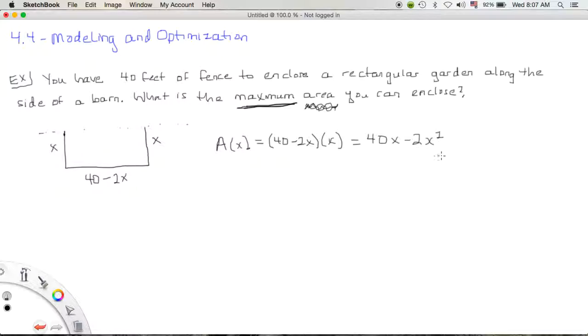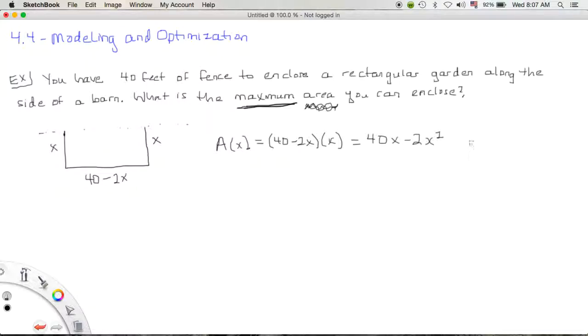Now if we want to maximize this function here, this area, we want to find what width value, what x value, is going to give us the maximum area possible. Then we're looking at the maximums on the function. If you think about it, this is a parabola that opens downward. Hopefully you remember that.